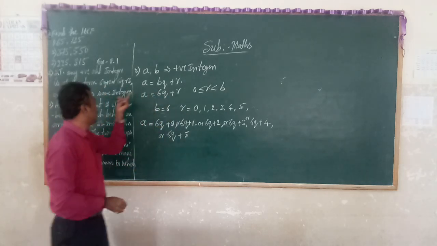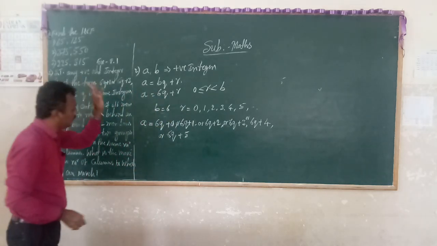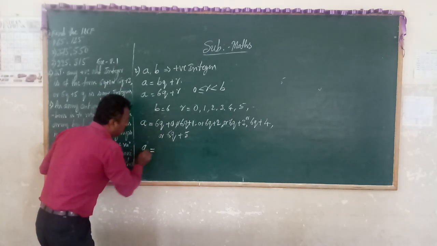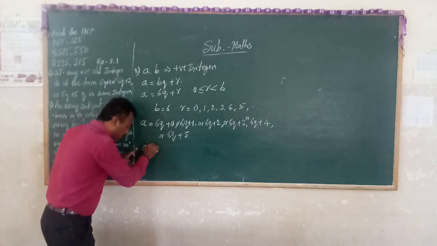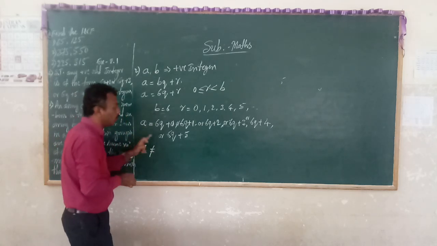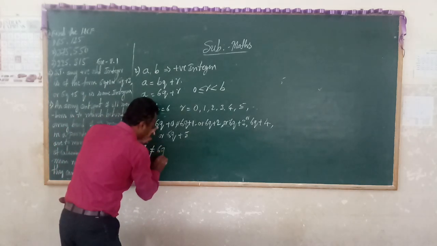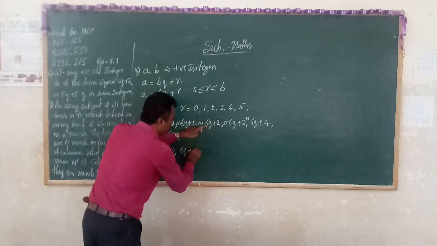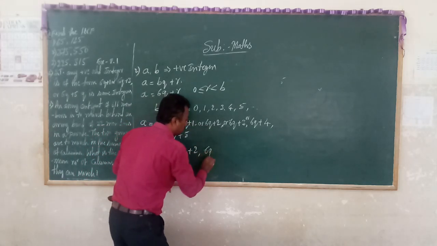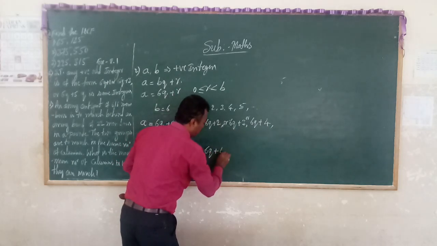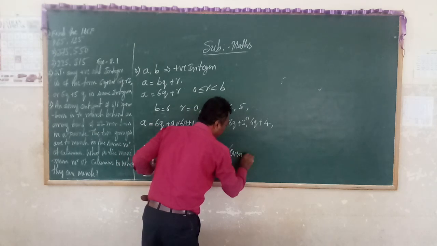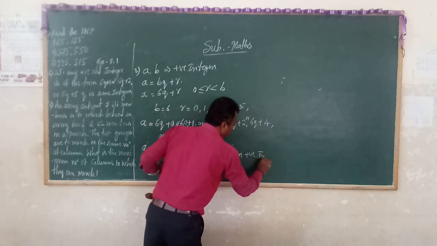Q is some integer. In the question, it is told that q is some integer. Q is the quotient. So a is not equal to 6q plus 0, 6q plus 2 or 6q plus 4, because these are even integers.